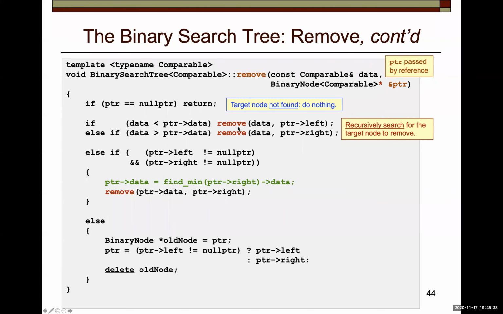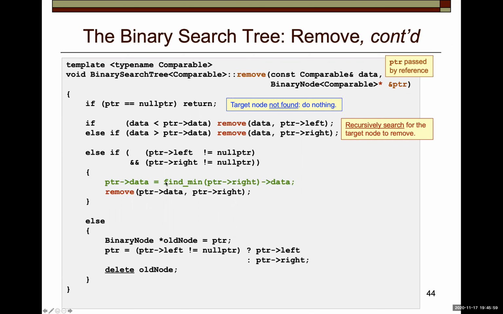Okay, either we have a null pointer, in which case we couldn't find the node, so there's nothing to remove, or depending on the value, we either look in the left subtree or the right subtree until we finally find the node.